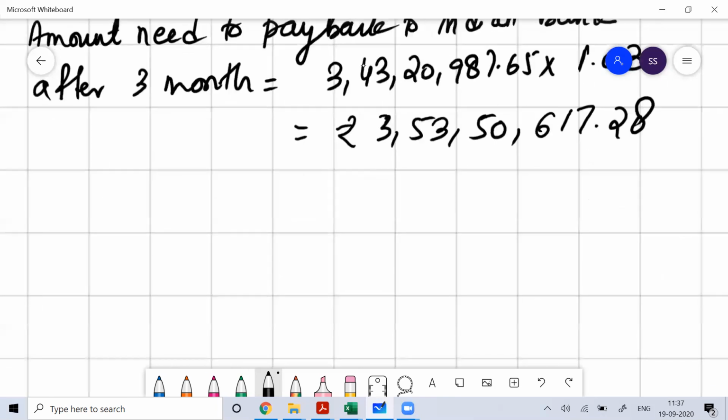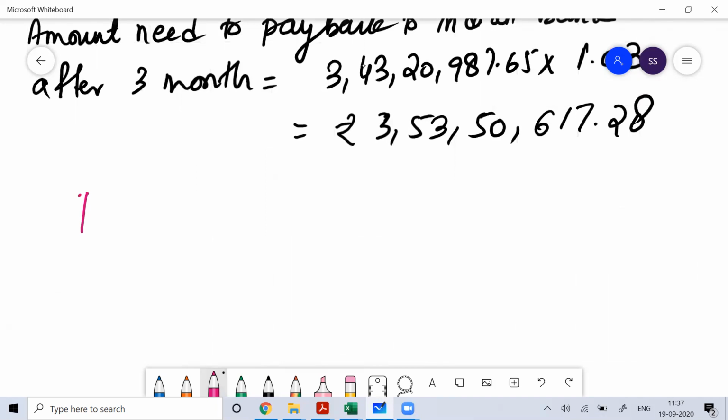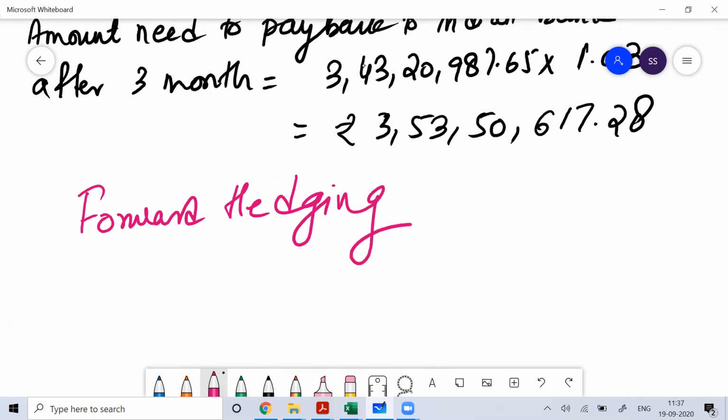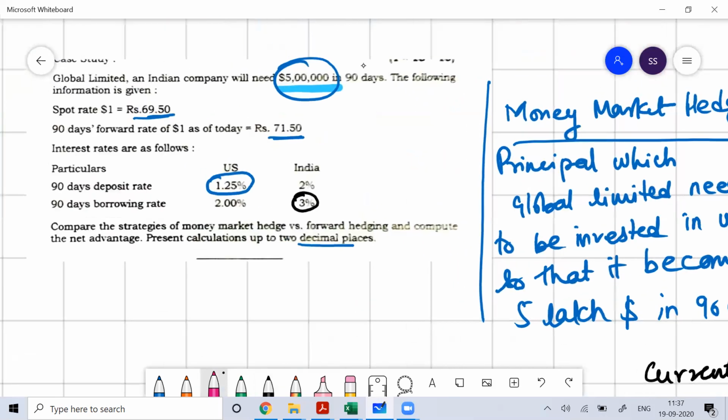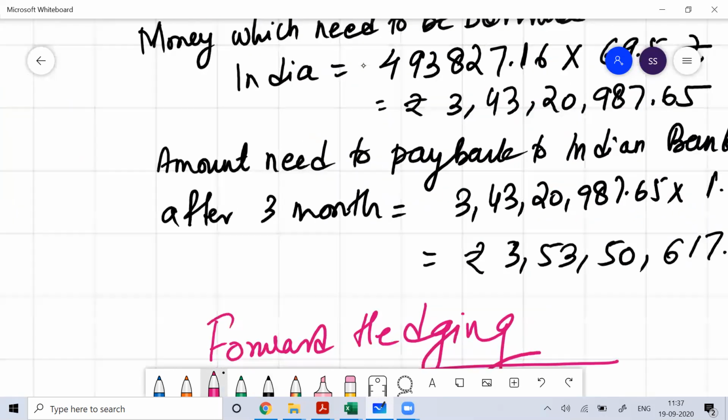So if I talk about forward hedging, the 3 month forward rate is 71.5 rupees.